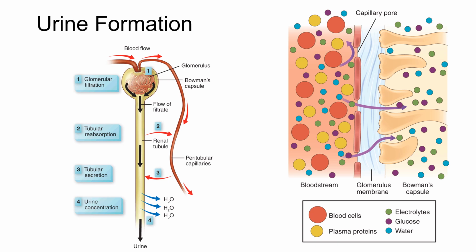That's what's going to be filtered out, and this is by hydrostatic pressure. It moves across the glomerular membrane into Bowman's capsule, and that filtrate contains water, electrolytes, and smaller particles like urea, nitrogen, creatinine, and glucose.